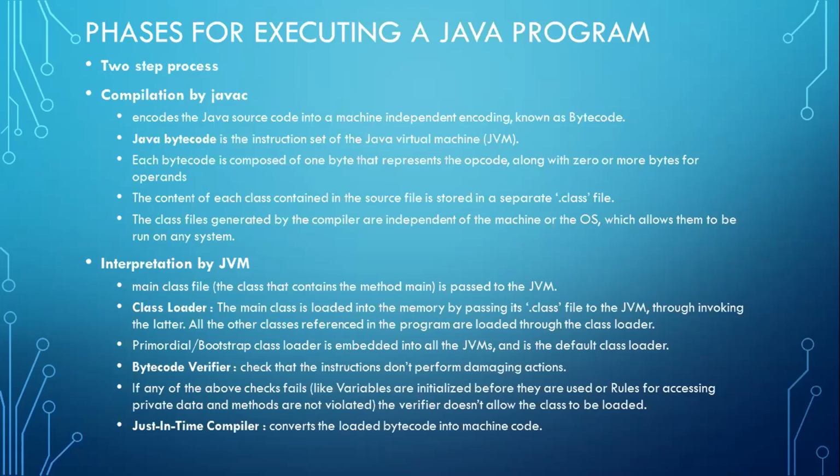So the point here is that compilation by Javac is the first step for executing your Java program, and the next step is interpretation. Interpretation is nothing but going through each and every instruction and executing it during the runtime itself. JVM, the acronym for Java Virtual Machine, provides a runtime environment for your Java program to run.